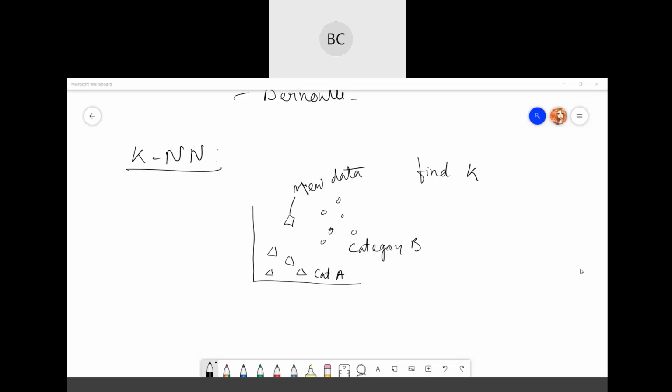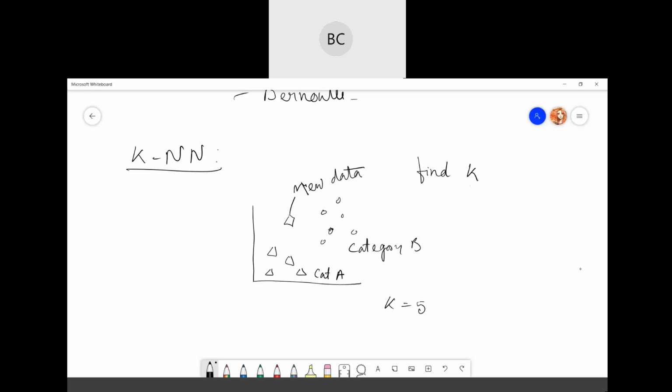You can use different techniques, but most of the time these are experimental. You just check from maybe 1, 2, 3, 4 like this. Then whichever value is better, you take that one. But in general, the most preferred value is K equal to 5.